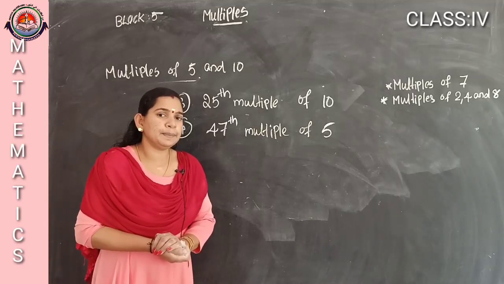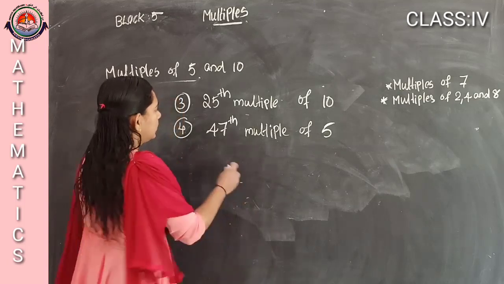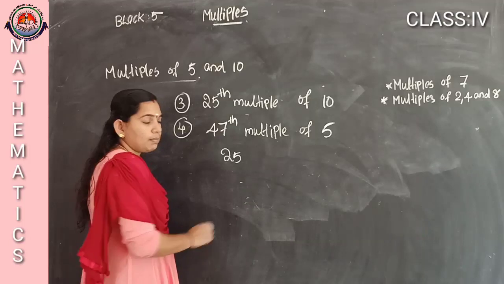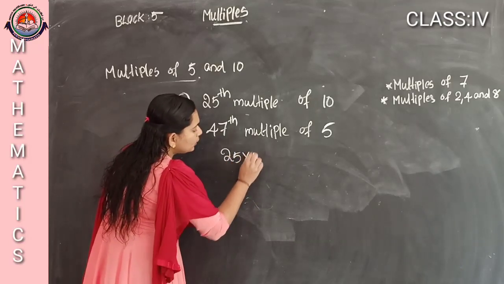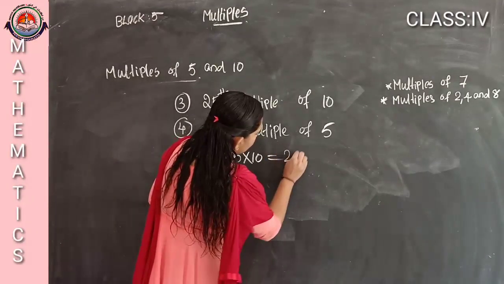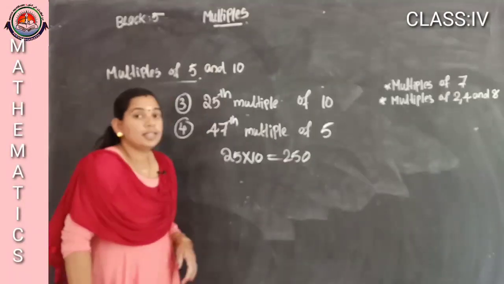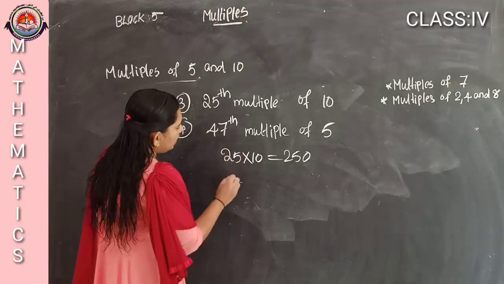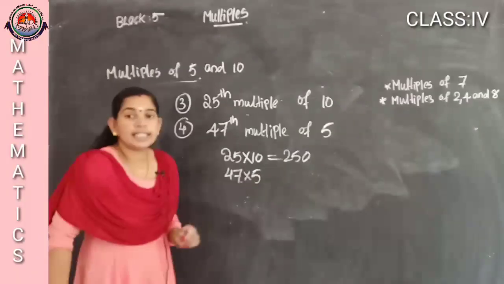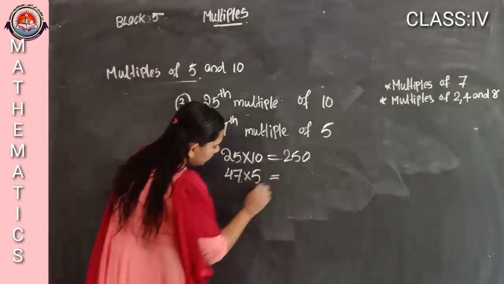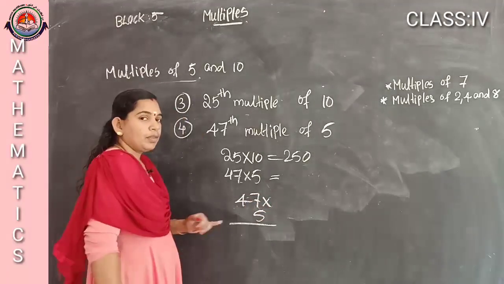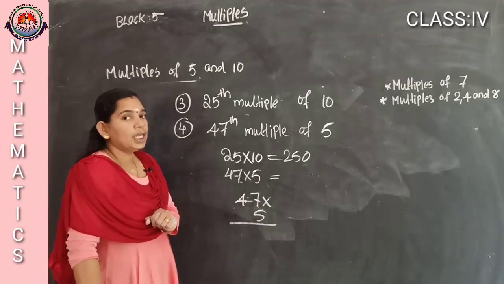Okay, have all got the answer? Can I say the answer? 25th multiple of 10 means 25 into 10. First we write 25, then put 1 0. What is this? 250. Then the 47th multiple of 5. 47 into 5. 5 into 7, 35.